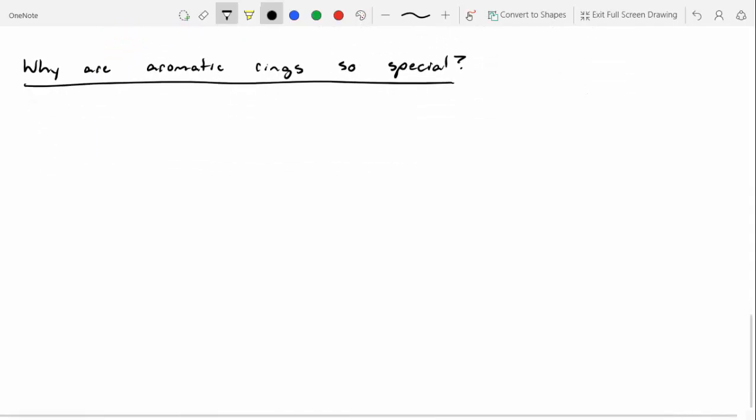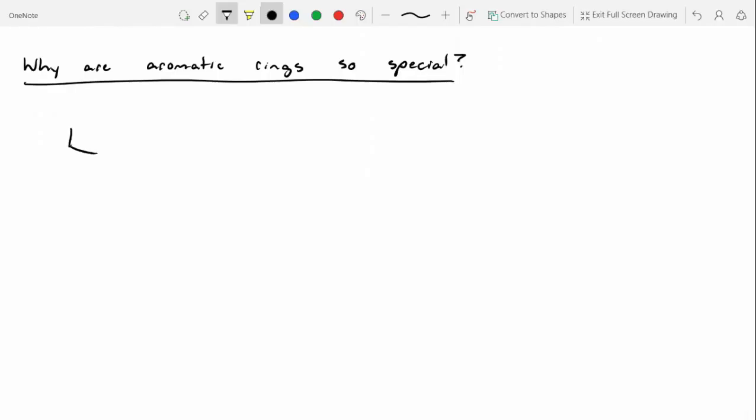There's a couple of different things going on with aromatic systems, and in order to make this point, I'm going to compare two different reactions. Let's say I want to go from cyclohexene to cyclohexane. What reagents do I need? H2, yep, hydrogen gas and some sort of catalyst like palladium, platinum, sometimes even nickel.